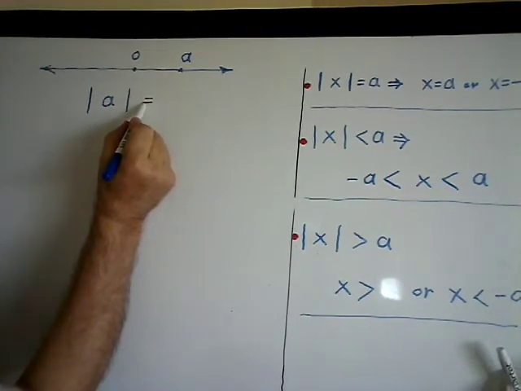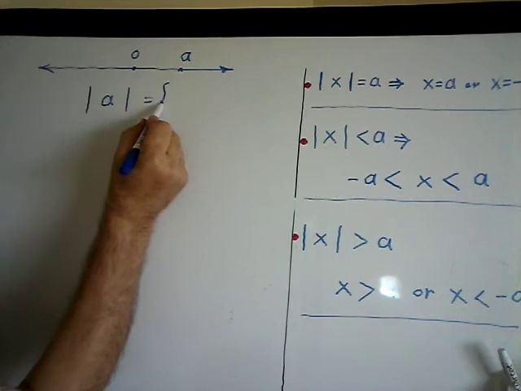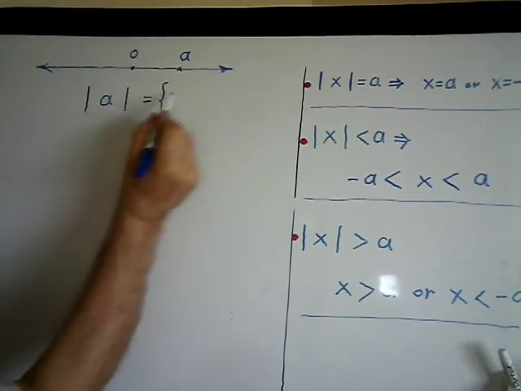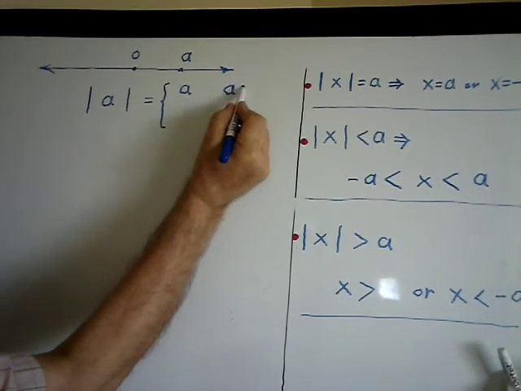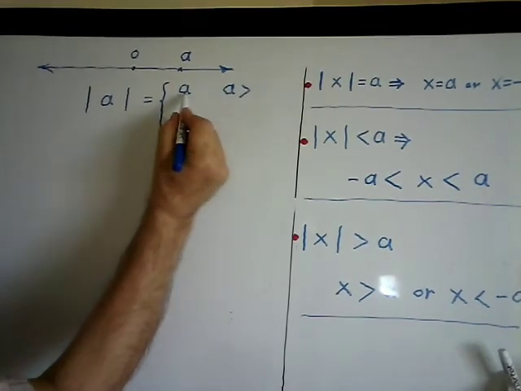According to this definition, we can say the absolute value of A is positive when A is positive, or it is 0 when A is 0.